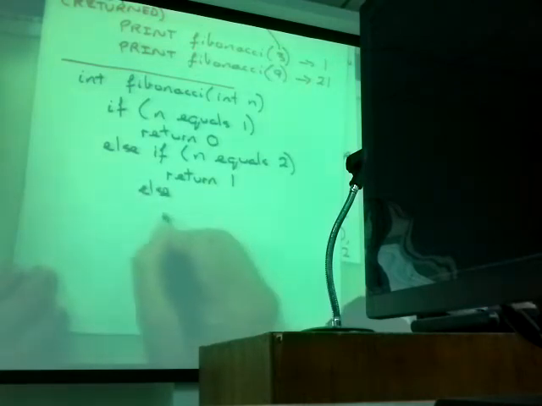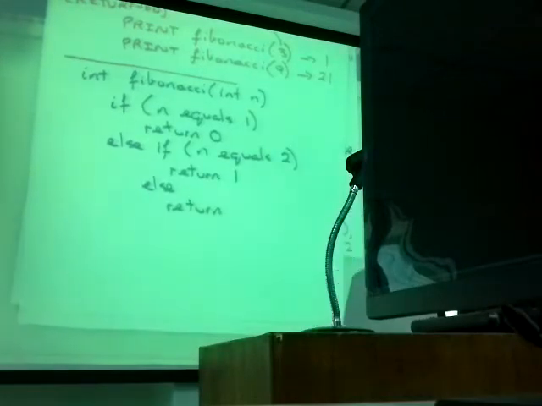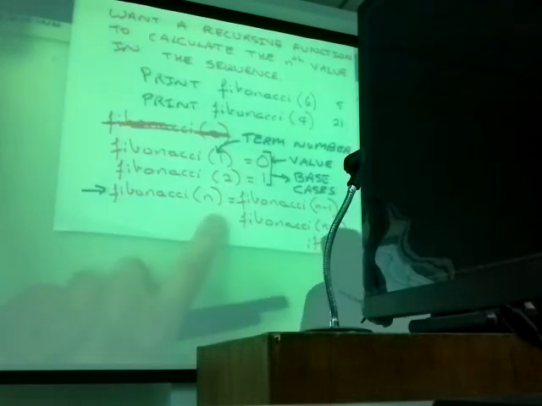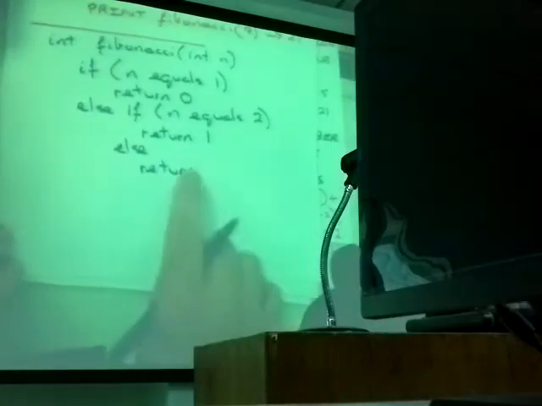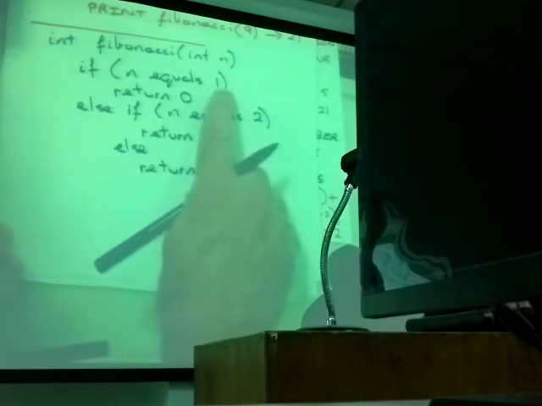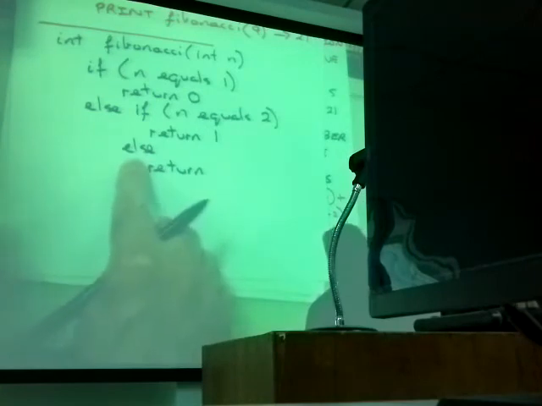Else, then the question is, what do we return? Can you work out the answer? Take a look at the definition, and that really is the answer. If it's 1, we return 0. If it's 2, we return 1. If we come here, n must be bigger than 2.